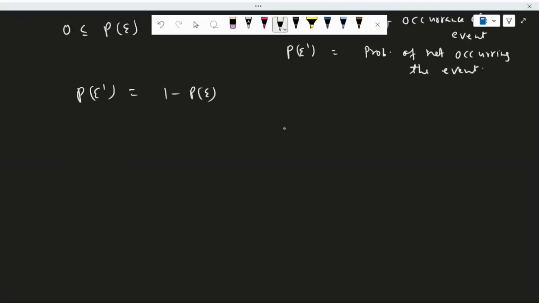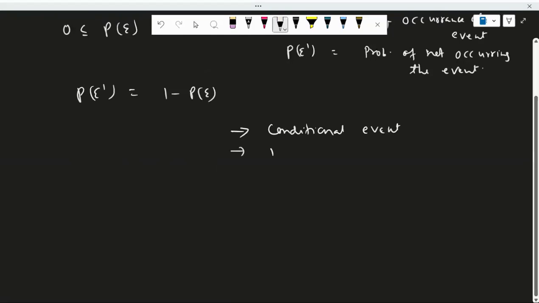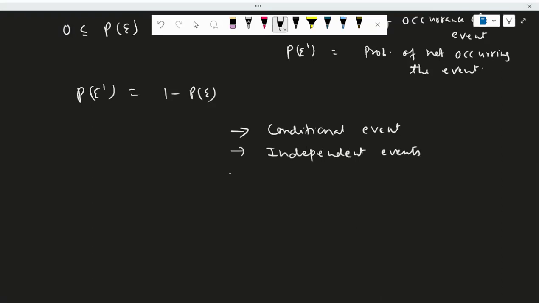Here in grade 12, in your modified syllabus, you have to study conditional event, independent event, and the third thing, the most important thing, is Bayes theorem.